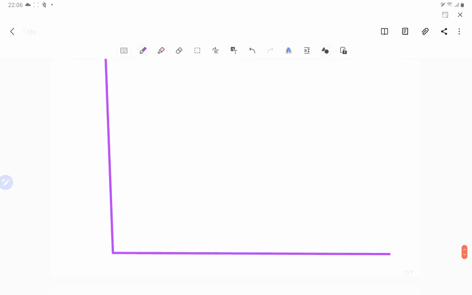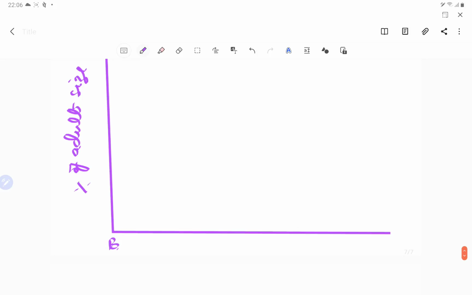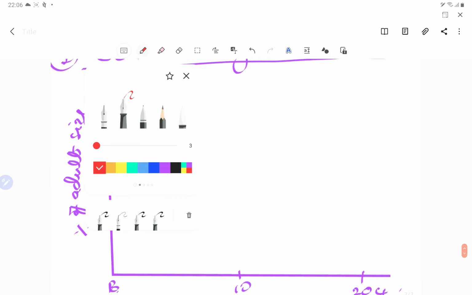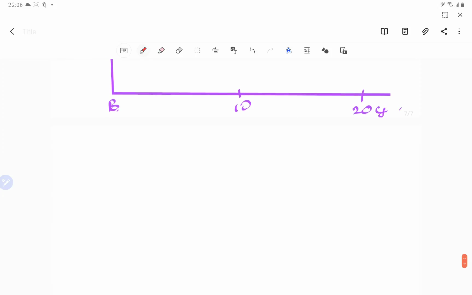This is our percentage of the adult size, and on the y-axis we have the time period: birth, 10 years, then 20 years. So the first tissue, let's talk about the lymphoid tissues.